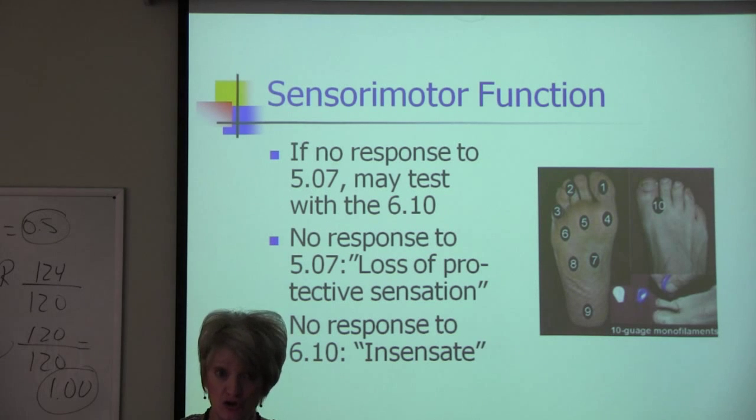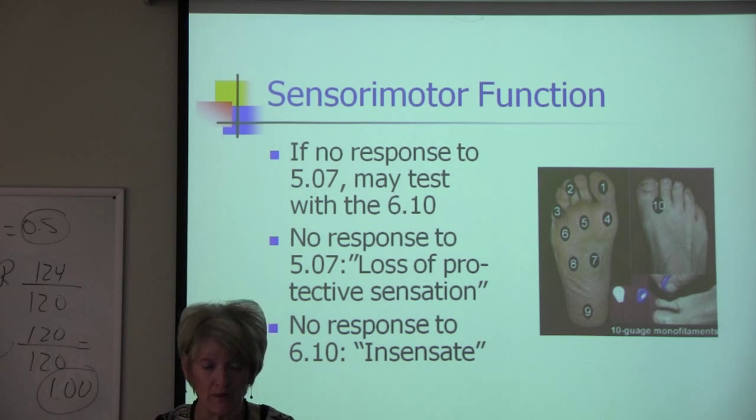It means you should not be buying your shoes off the rack, because you will not know if they're too tight or too short or rubby. Your shoes have to be professionally fit. What does it mean if you fail to respond to 6.10? It means you're extremely high risk for limb loss. I'm going to really ramp up my teaching even further. Never, ever, ever step in the shower without testing water temperature with your hand.